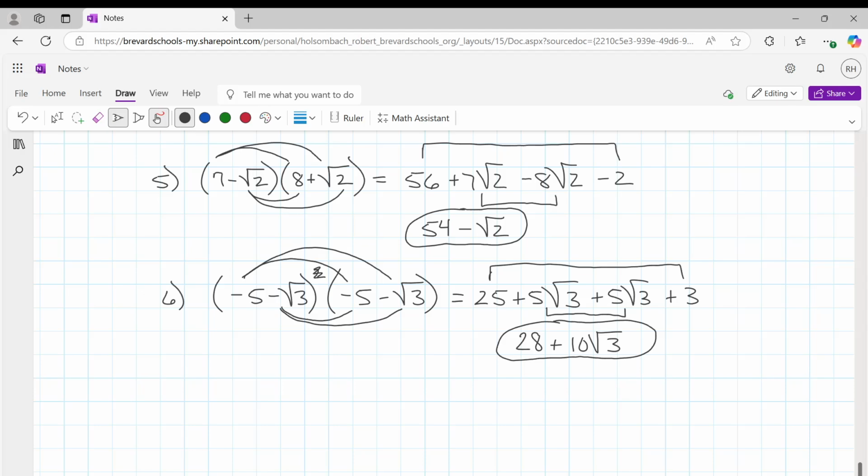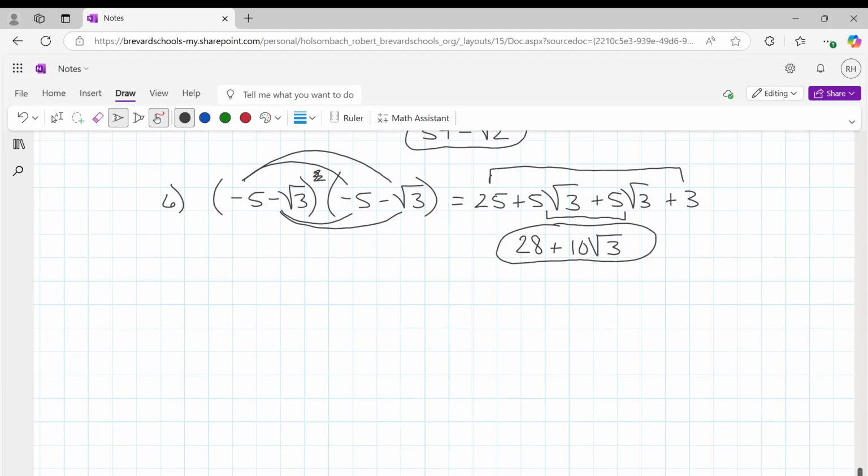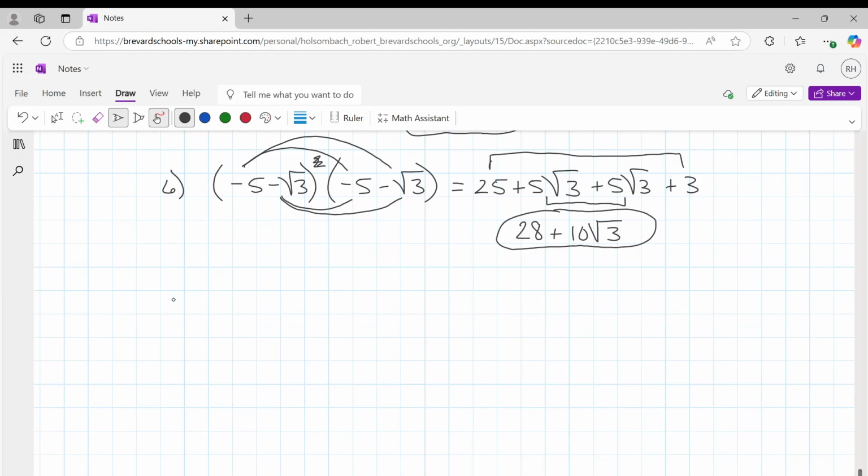All right, then we're going to multiply a few binomials by their conjugate. So problem number 7, we got 5 minus radical 2 times 5 plus radical 2. So we take the 5 times the 5 again, which is 25. And then the 5 times radical 2, which is positive 5 radical 2.